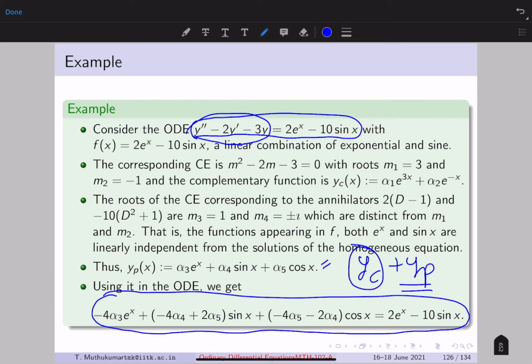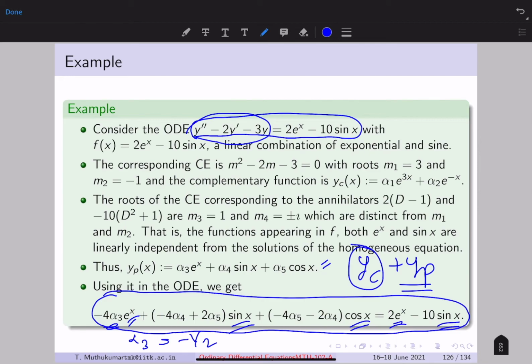Now you equate coefficients here. You have a coefficient of exponential x, a coefficient of sin x, a coefficient of cos x. So 2 is equal to minus 4 alpha 3, which gives you that alpha 3 is minus half.